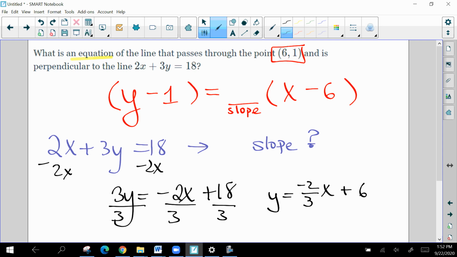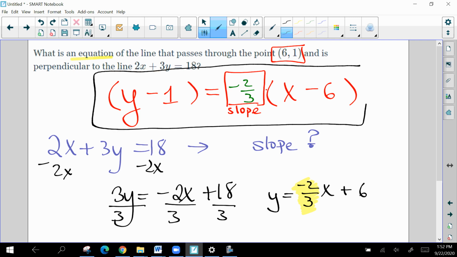And my slope is going to be the coefficient, the number in front of the x, so right here. My slope is going to be negative 2 over 3. So here you are, and that's it. That's your equation. You're done. Again, we didn't have to do any particular form, so this is it. This is good.